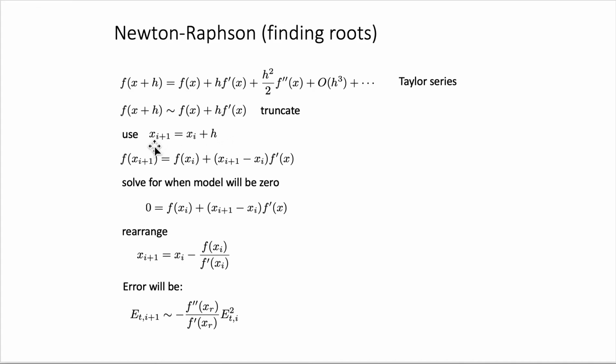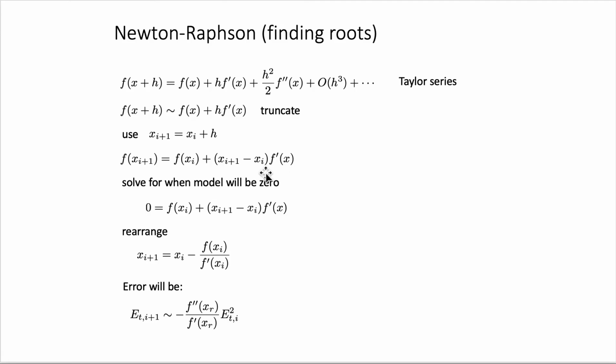First I'll make the substitution that x_{i+1} will be this x_i plus h. So x plus h becomes x_{i+1}, and f of x becomes f of x_i. And the h here is essentially x_{i+1} minus x_i, so this becomes our h. Here this f prime of x_i should have been f prime of x_i as well, so there's a typo here.